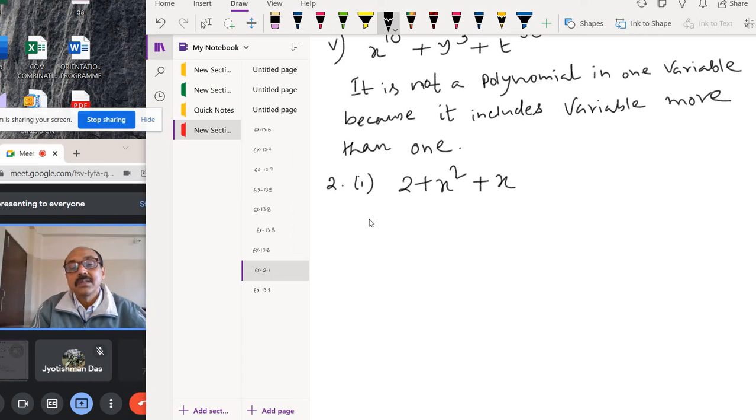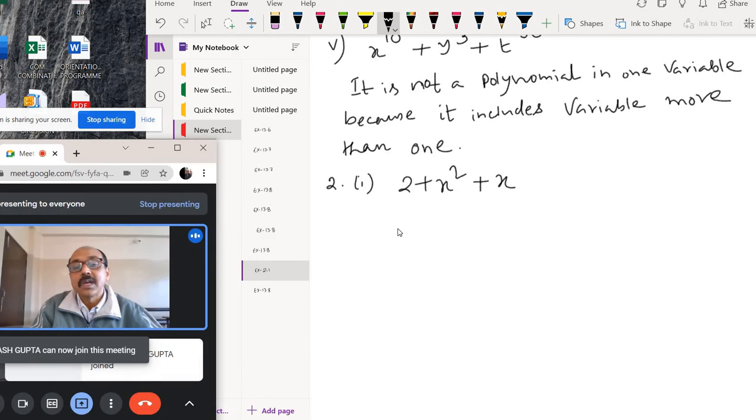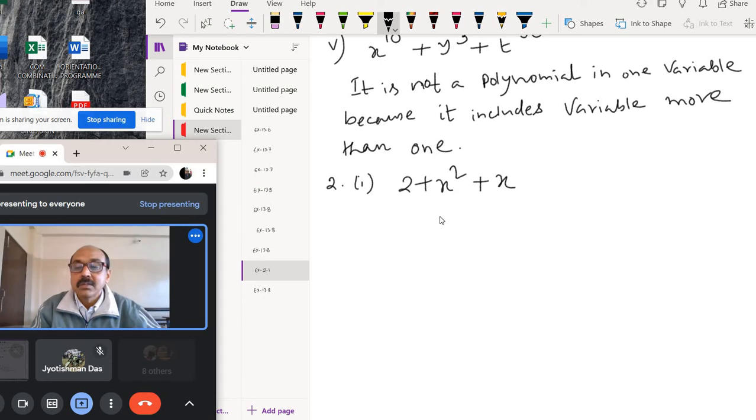What is the coefficient? Hello? Yes, sir. So what is the coefficient of x square? Sir, 2. Why 2? 2 is a constant. 2 plus, with 2 no x is present, so 2 is a constant here. So plus x square, the coefficient of x square: with x square no number is present, so 1 is there.